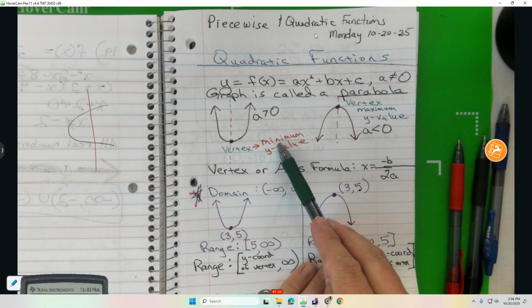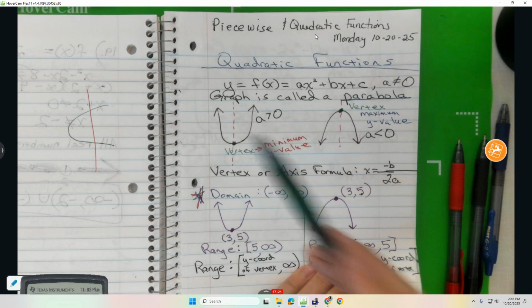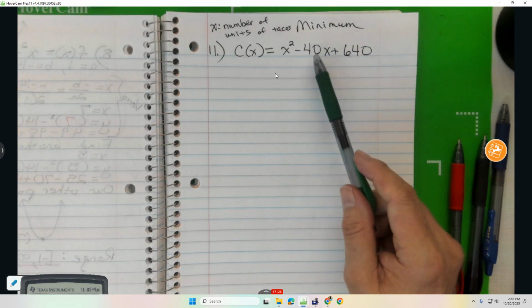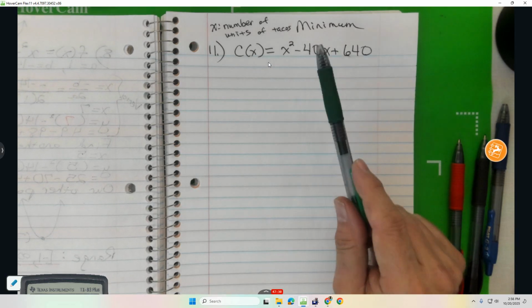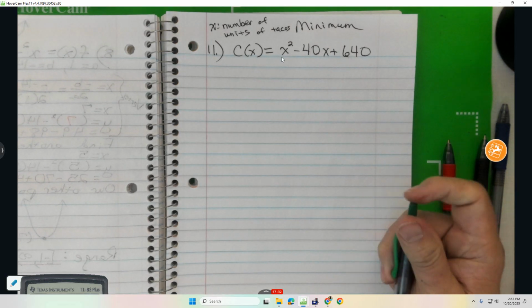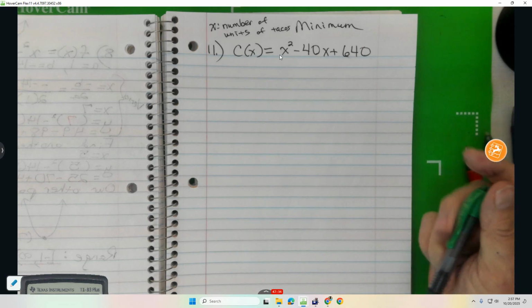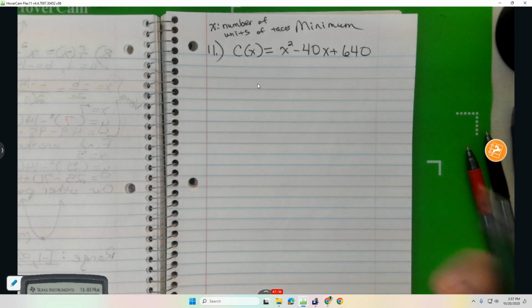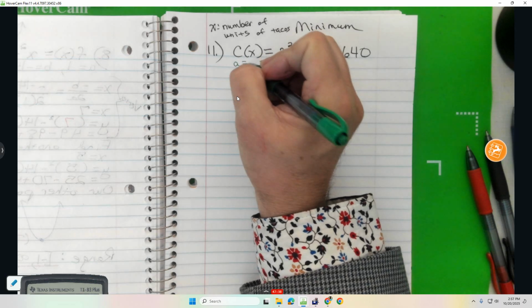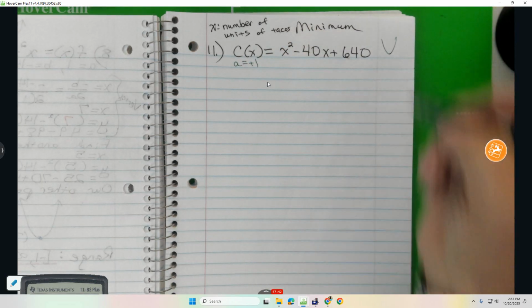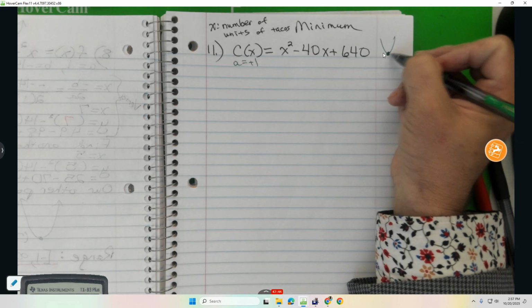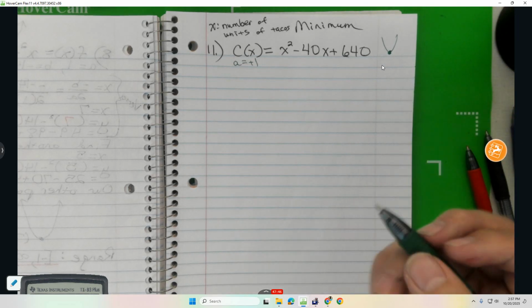We don't have to draw this graph, but we need to convince ourselves, is this parabola opening upward? What's my a value? A is a positive 1. So yes, that graph does open upward. That means there is a minimum, and the minimum occurs at the vertex.